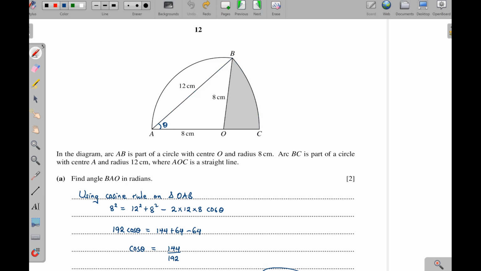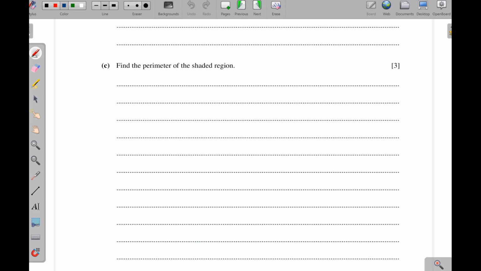Then minus the 8, then we shall be in position to get the 4 here. Not so? And then to get the length of the arc, it is r theta.